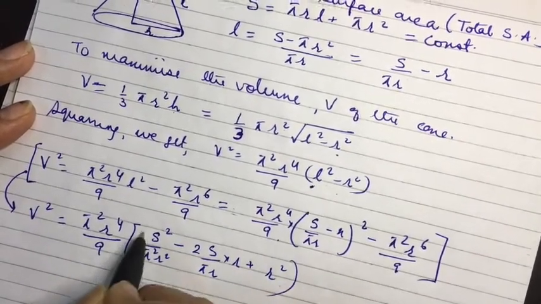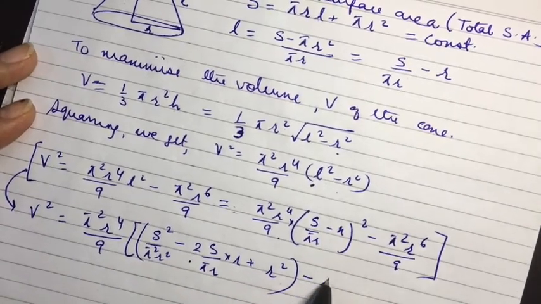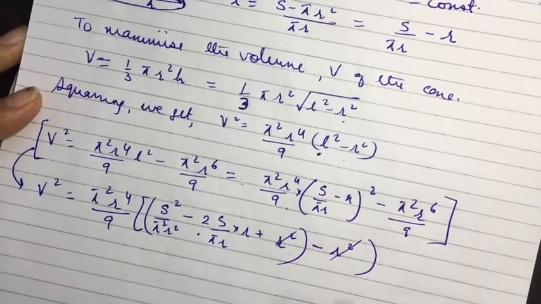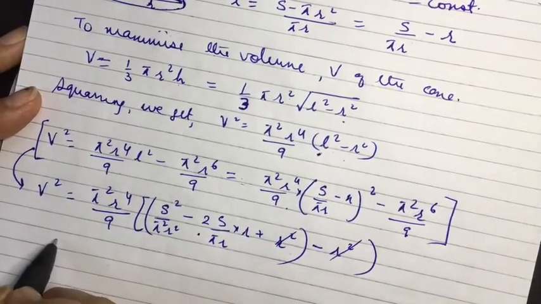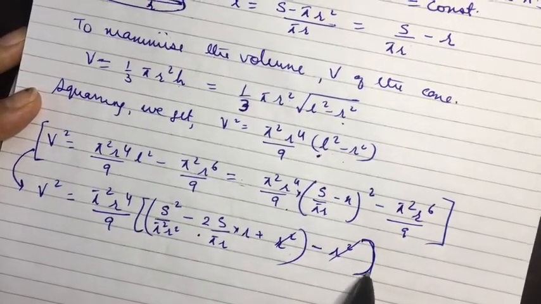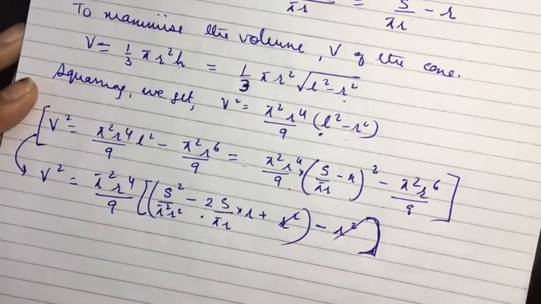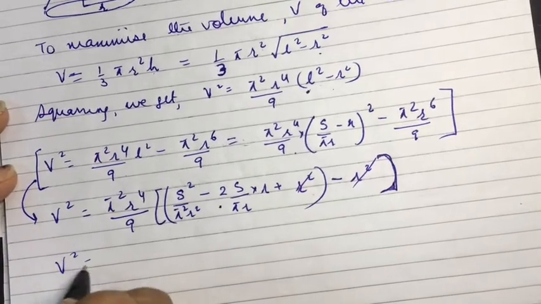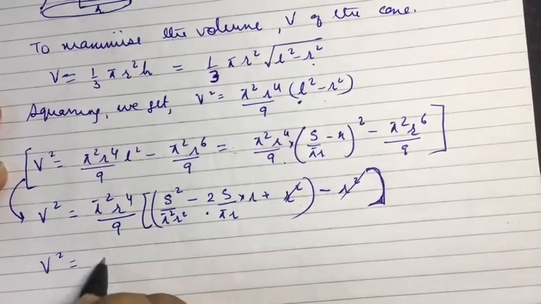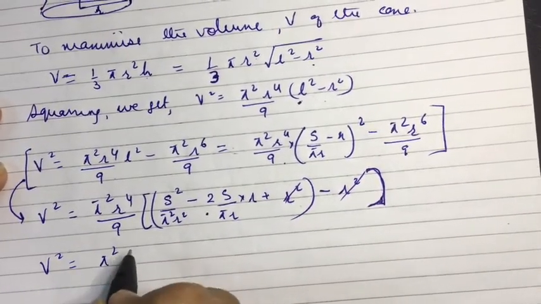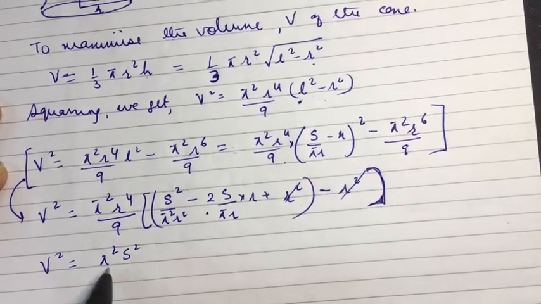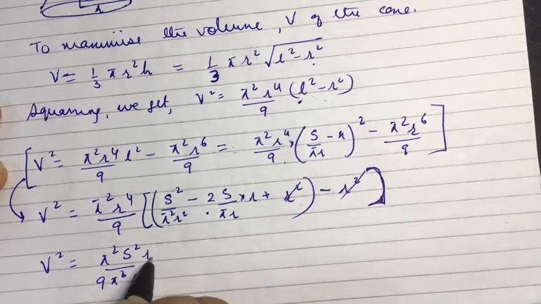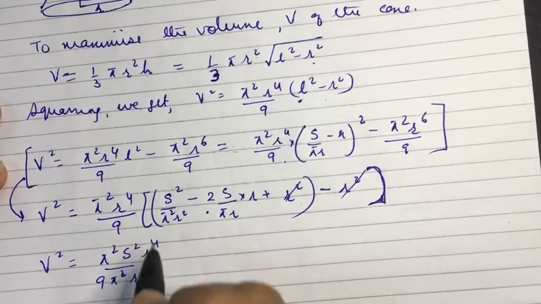This is the value of L square, minus r square as it is, this gets cancelled. Now we open it up: pi square s square over 9 pi square r square, and this is r4. This is the first term.